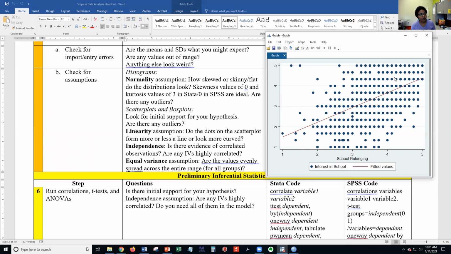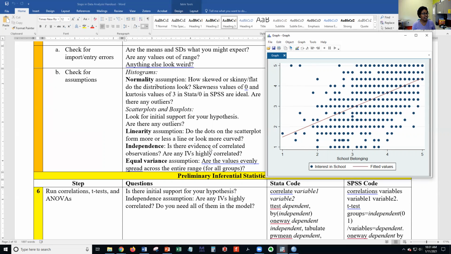This one is a little tricky, because over here they're spread out, but it's mainly because we have 2 people who have a 5 on interest and a 1.5 on school belonging. In general, there's definitely some even spread on this side. Over here, it's a little bit questionable, but not enough for us to be concerned about this data.